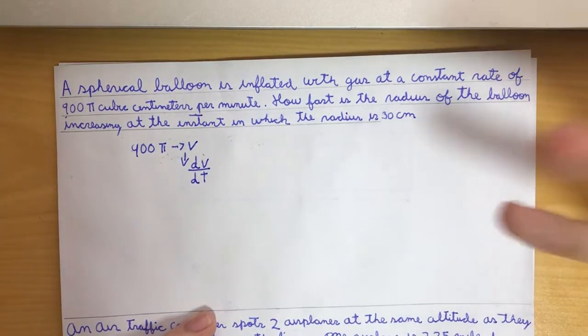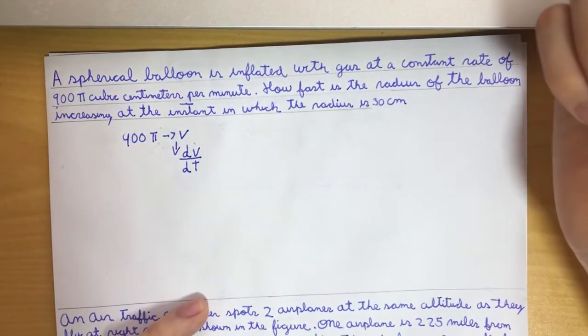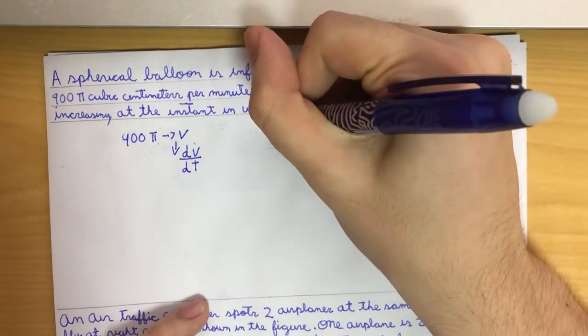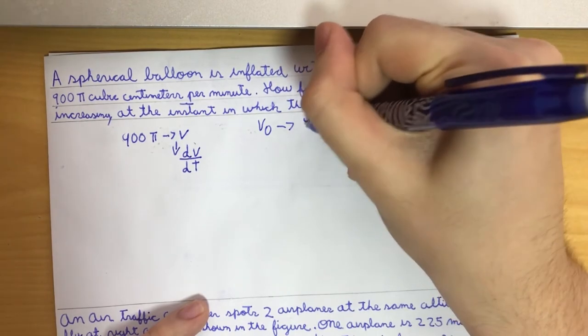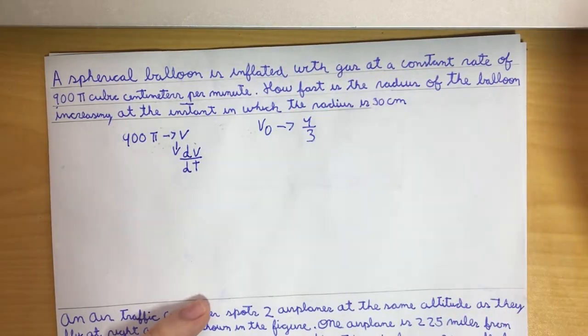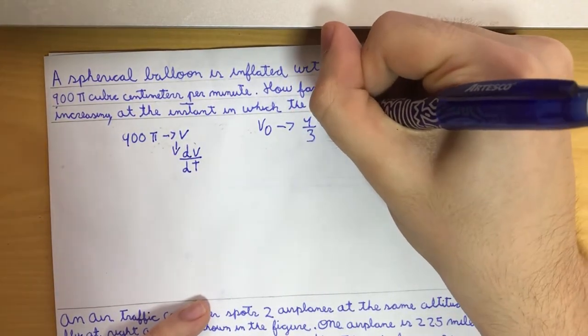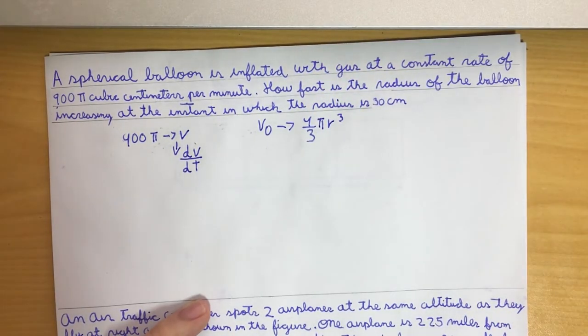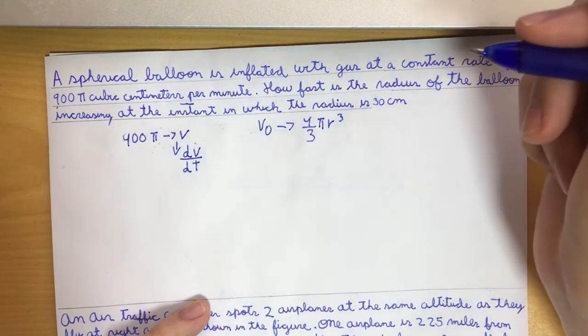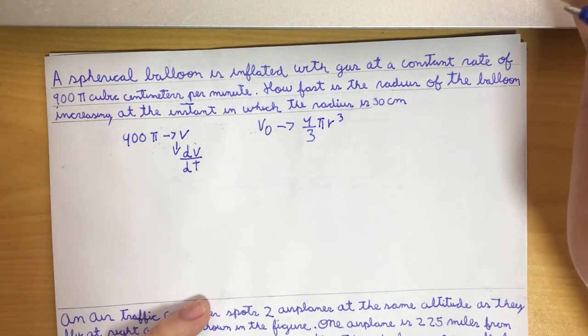And it's talking about a sphere, and the volume of a sphere is 4 over 3 pi r cubed, and they are asking for the rate of the radius.